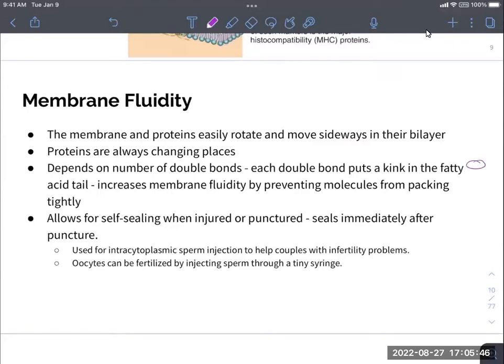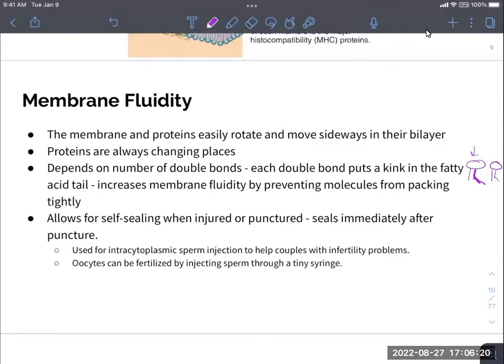So here's our cell with our fatty acid chain. We have a kink here. This kink is a double bond. And what that does is it creates space between this cell and the cell next to it. That way things can easily move around. It has enough space for those membrane channels to move from place to place. It allows the membrane to move more fluidly.